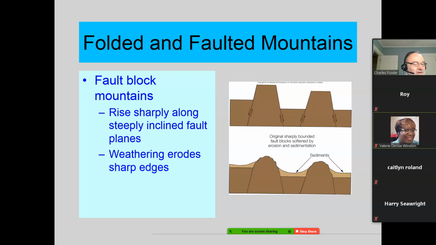These are abrupt mountains in the Rockies that go way up above the surrounding terrain. So these are very definitely fault block mountains. Very angular, and they've risen up, and they're still growing, by the way, very slowly, but they are.